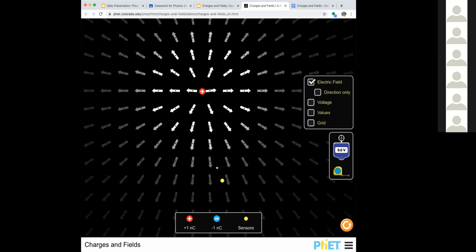I could take one of these sensors, and if I drag the sensor into the field, it'll give me a vector quantity of how strong that charge is and also what direction it's pointing in. So as I drag this around, this lets me see how strong or weak that relative electric field is that is created by this charge.